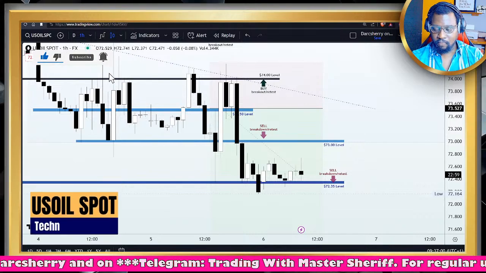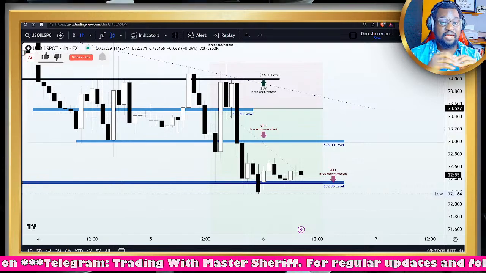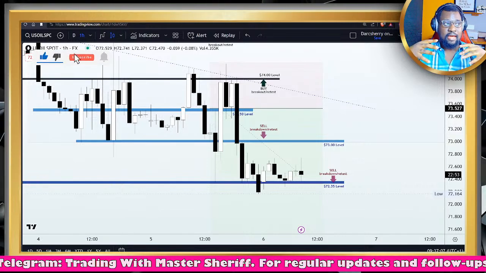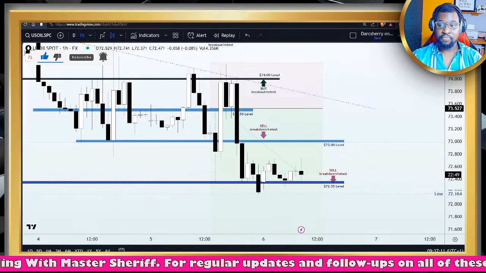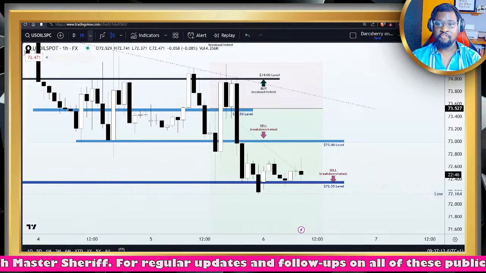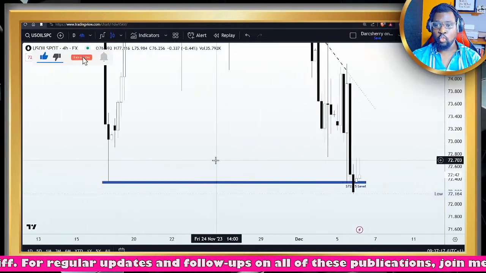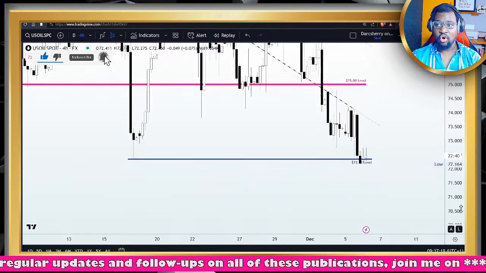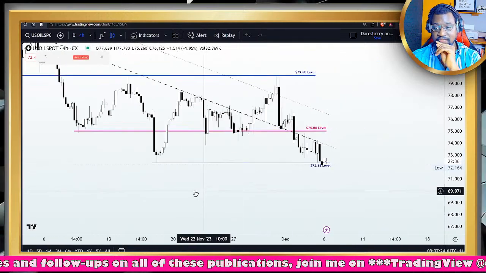Sorry about that. So as I was saying, the $72.35 level had played a major role in negating all attempts by the sellers to break through that area. For the benefit of clarity, I want to show you what things are looking like on the 4 hours time frame, which was where we started our analysis for the week.